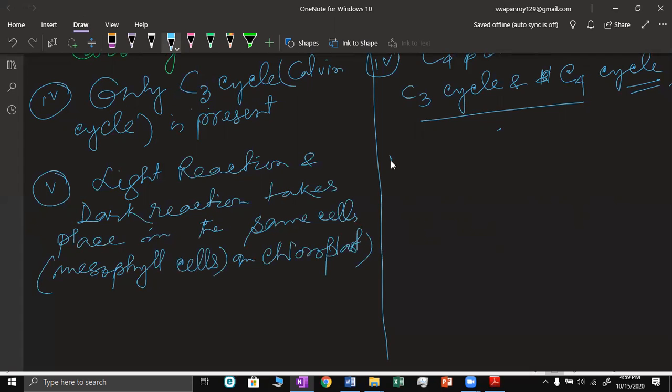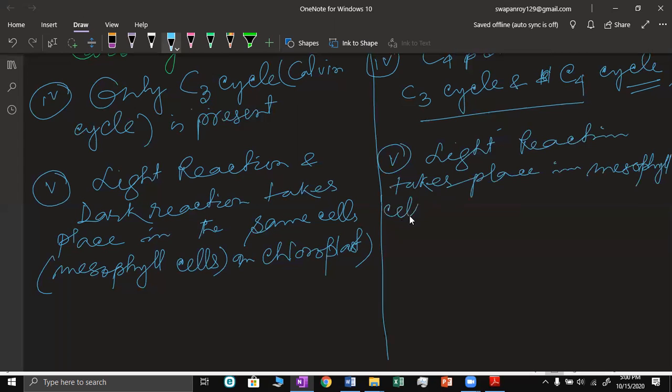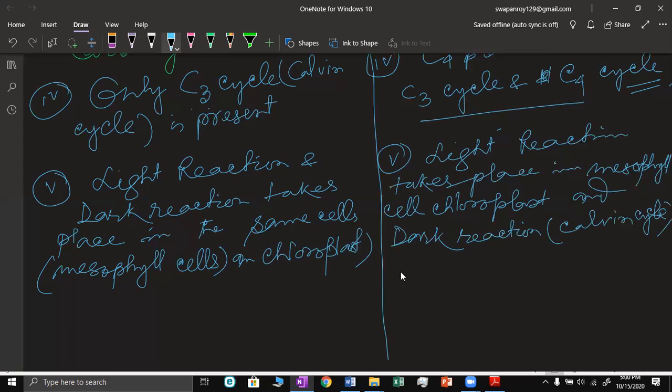But here, light reaction takes place in the mesophyll cell chloroplast, and dark reaction, that is the Calvin cycle, takes place in bundle sheath chloroplast.